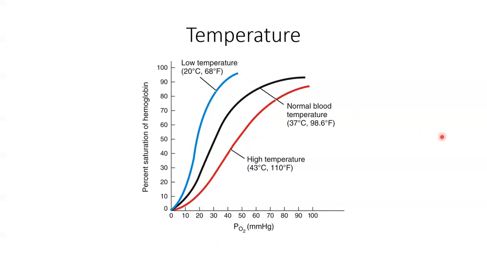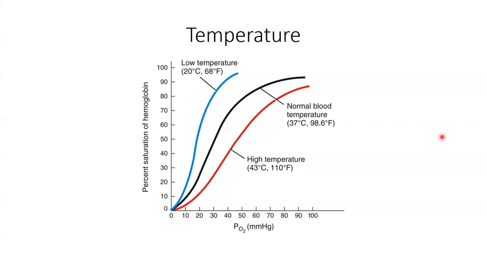The next factor is temperature, and obviously within certain limits. Obviously the extremes are not going to be applicable here, but as temperature increases, so does the amount of oxygen released from the hemoglobin. So heat is a byproduct of metabolic reactions in our cells. Metabolically active cells require more oxygen and they release more acids and more heat.